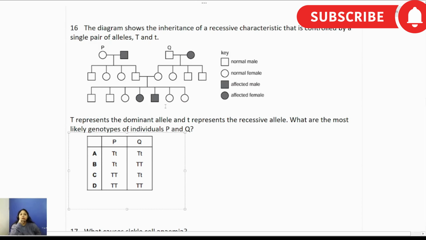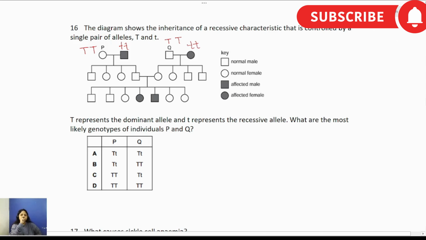The diagram shows the inheritance of a recessive characteristic that is controlled by a single pair of alleles. So we have capital T and small t. Let's talk about the normal and affected ones. The normal one is this one, so it means it has this one or this one. And the affected one would have this trait.